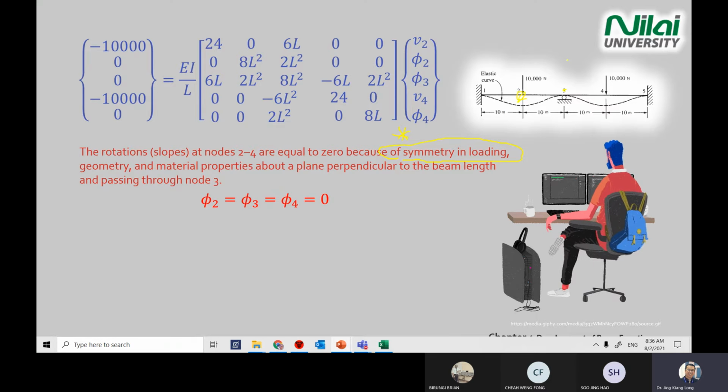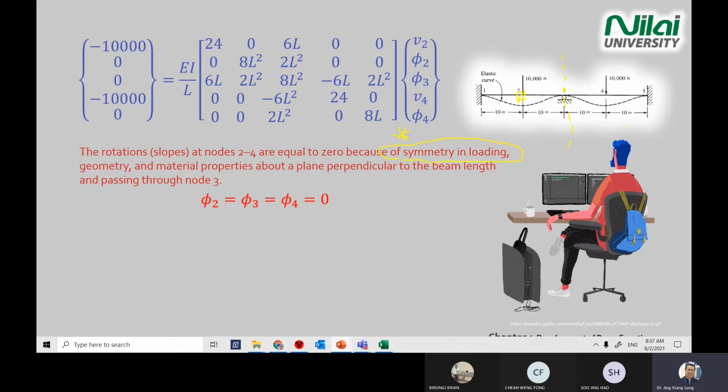What do I mean by symmetry? If you cut this object into half at point number 3, you see actually it's behaving the same, and the loading is also at the same distance. Because the length is the same, 10, 10, 10, 10. So element 1 also 10 meters, and so on.